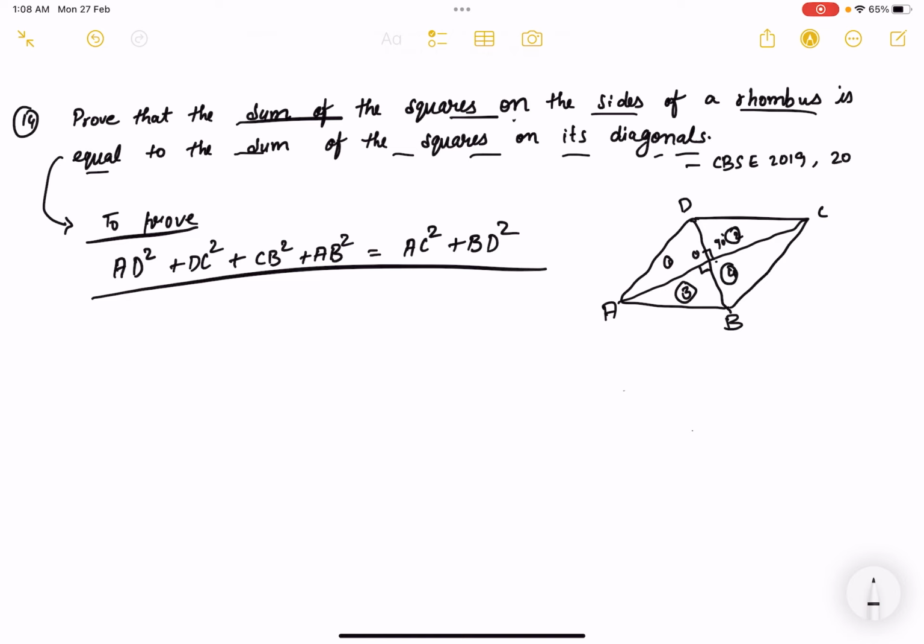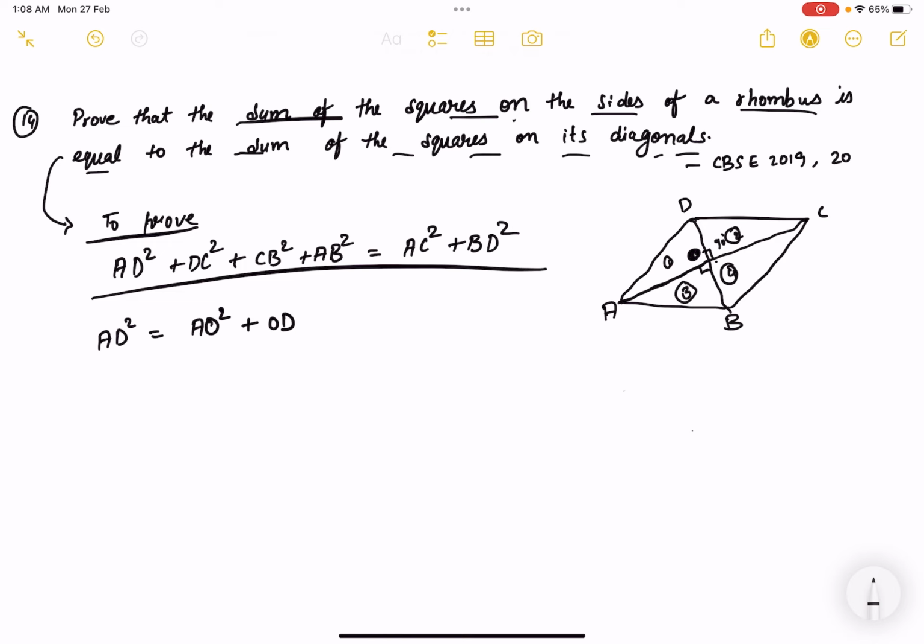Applying Pythagoras theorem in all the four triangles, we have AD square is equal to, where this center point is O, AO square plus OD square.